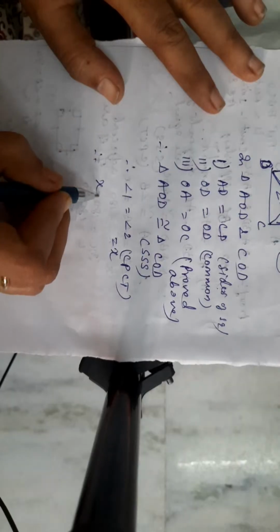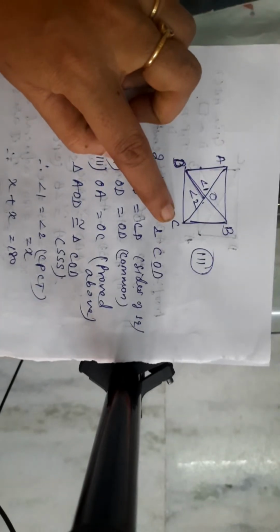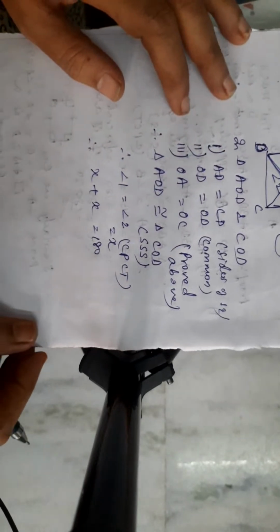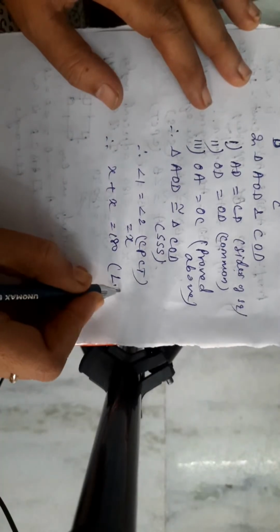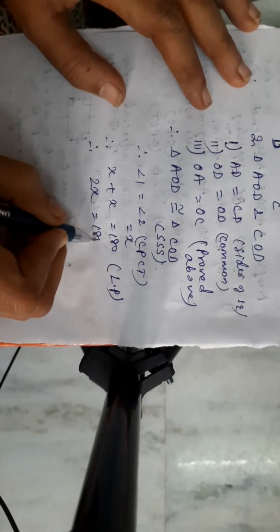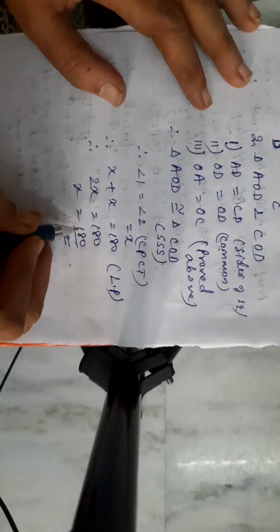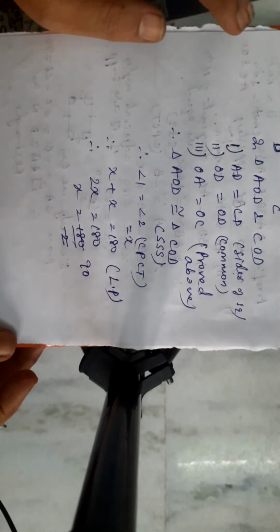Therefore, x plus x is 180. How did we get this to be 180? They are making a linear pair. The reason is linear pair. Therefore, twice of x is 180, so x is 180 divided by 2. So it's 90. We got the value of x as 90.